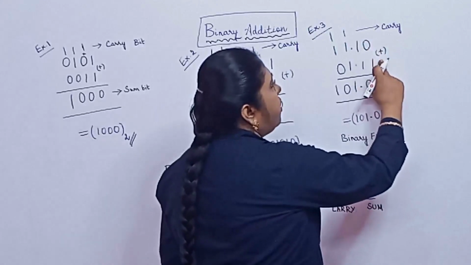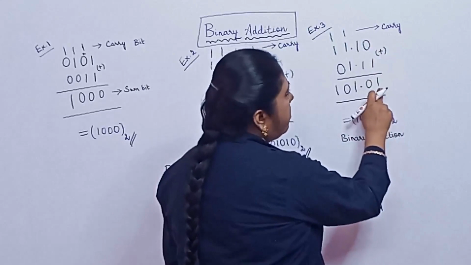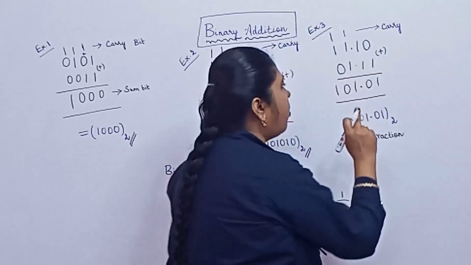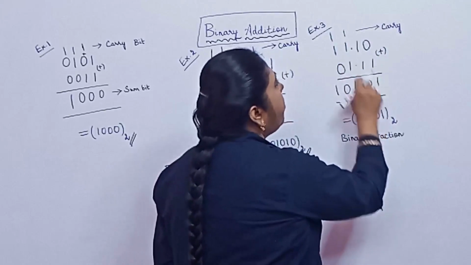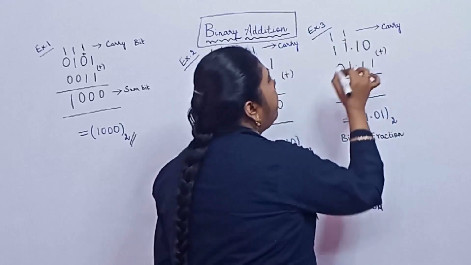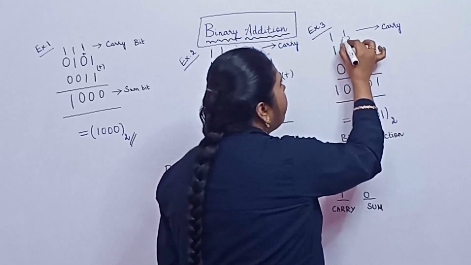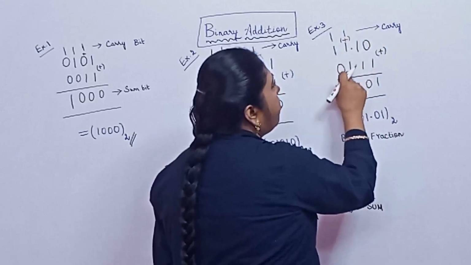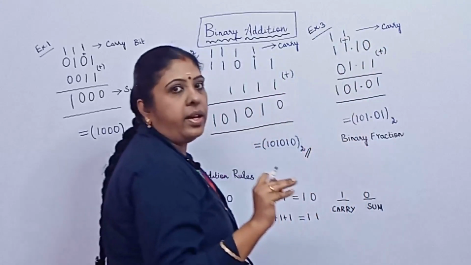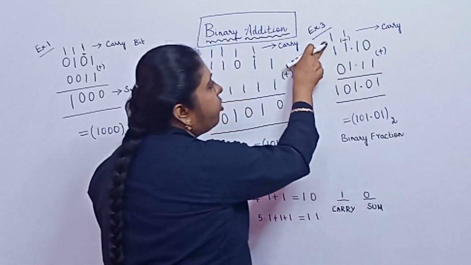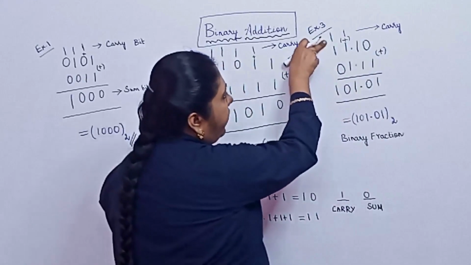So 0 plus 1 is 1. Then 1 plus 1 is 2, whose value is 1 0, so 0 as the sum bit and 1 as the carry bit. The carry is added with 1 plus 1, so 1 plus 1 plus 1 gives 3, whose value is 1 1. So 1 is written here and the carry over here.